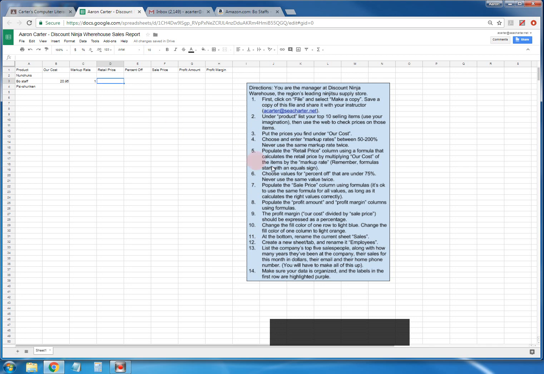So by the time you see this, I will have changed this to be a little bit more clear. This needs to be our cost times the markup rate plus our cost. So what is that formula going to look like? Well, we always start formulas with an equal sign. That tells the computer to do the math for us, right?